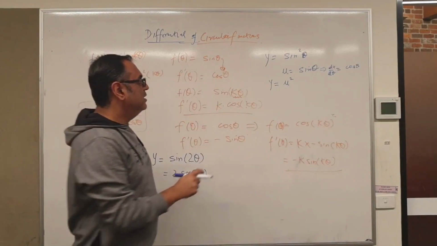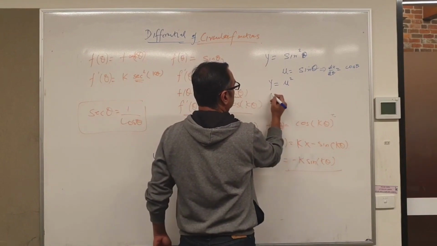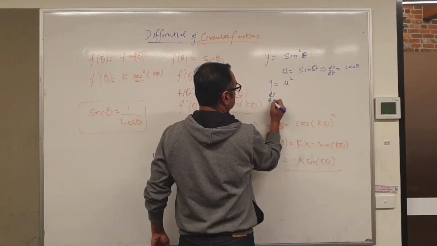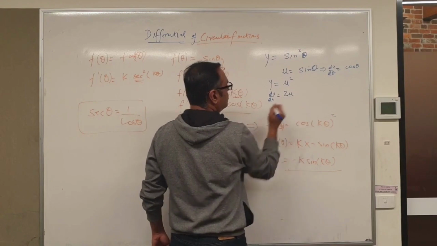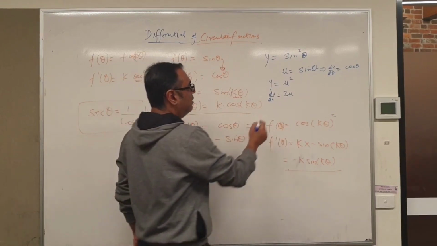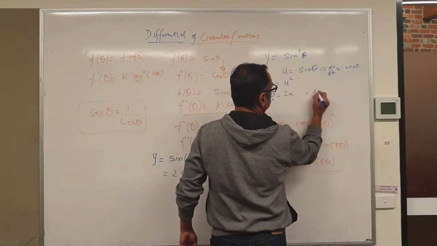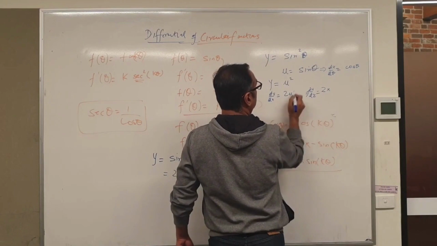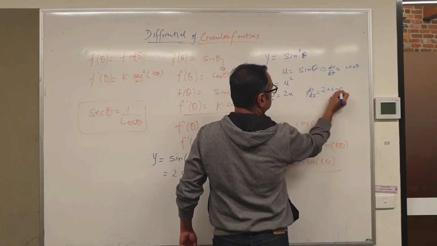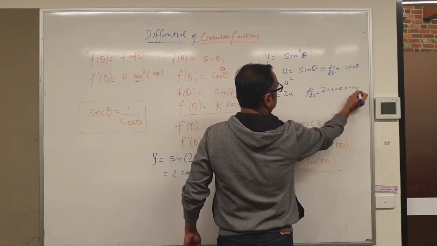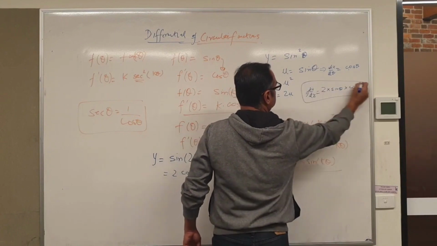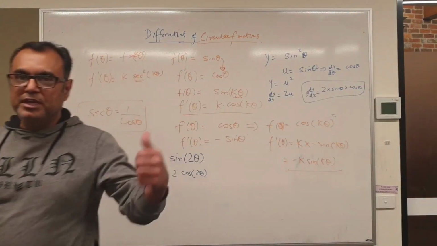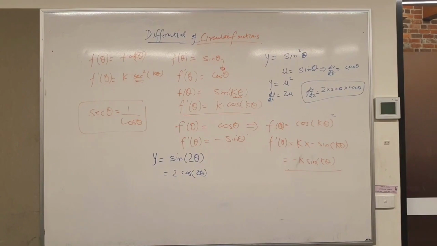And Chris, what is dy by du for y equals u square? 2u. Now just multiply the two. So my dy by dx is 2 times u, which was sine theta, times cos theta. That's the answer. Did you get the difference?